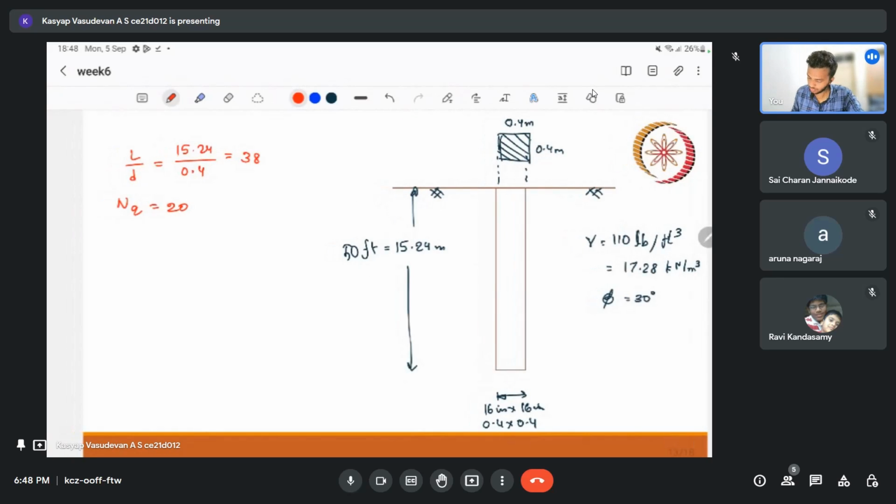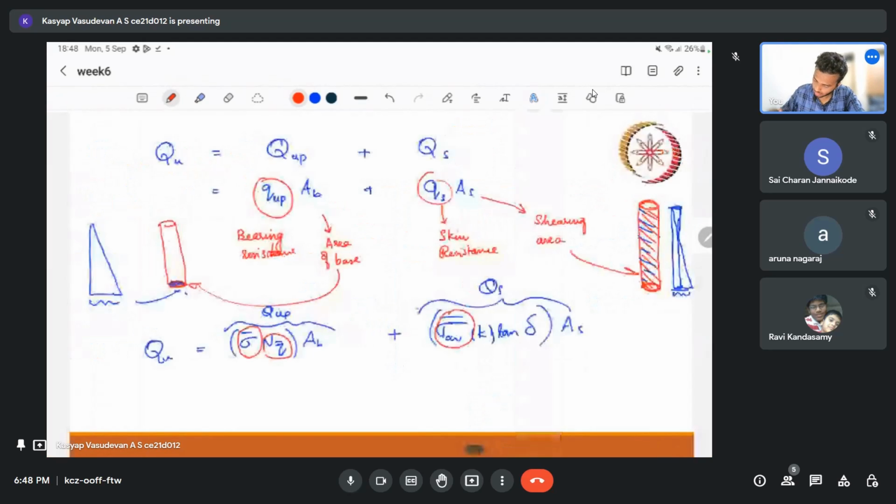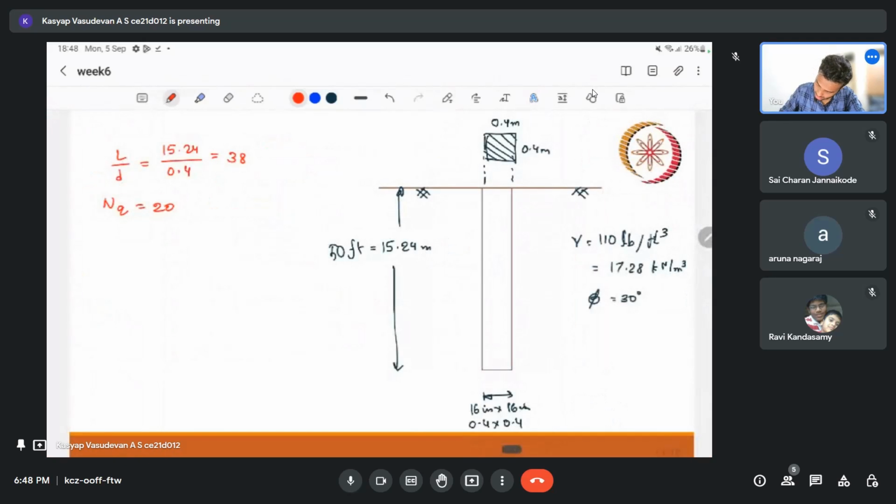What else do we need? We need sigma dash, right? So sigma, our q, sorry, at the base. Here let us hypothesize that this is in a triangle fashion. Conventionally we can say this is nothing but gamma h, right?